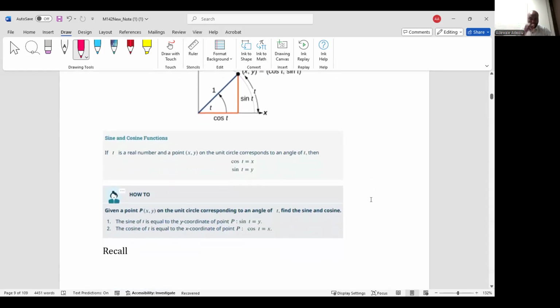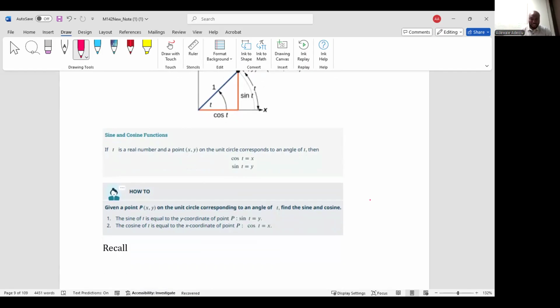Now formally, if T is a real number and a point X, Y on the unit circle corresponds to an angle of T, you know what that angle T is, right? I used theta for it the other time. I'm using T, it is the same.